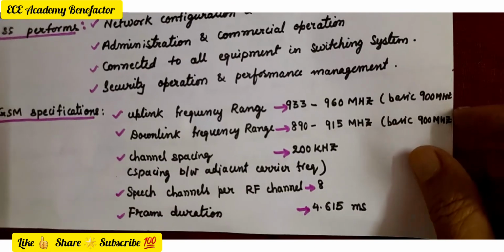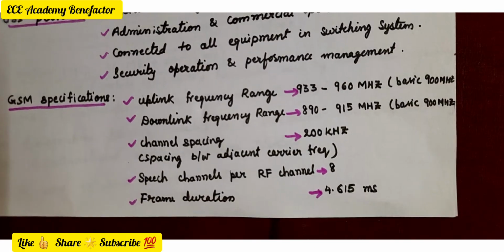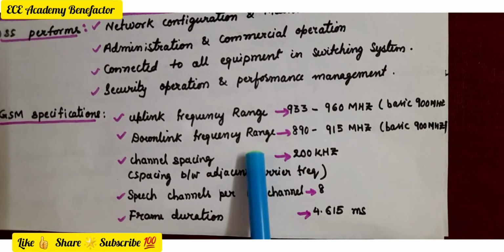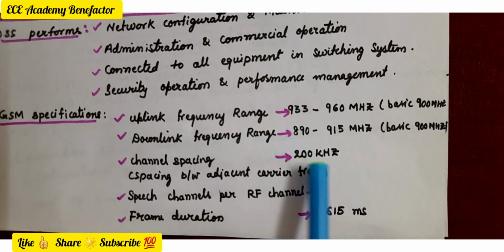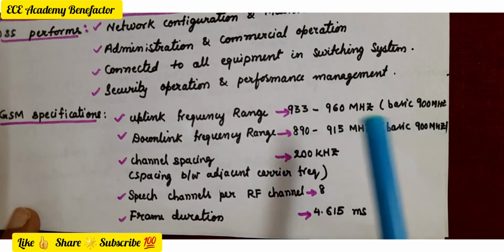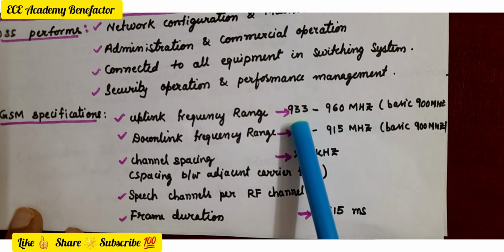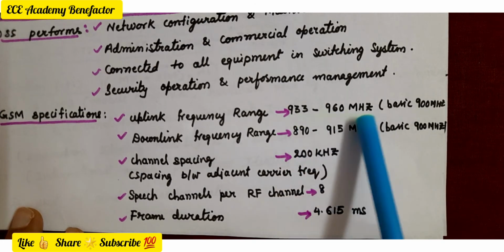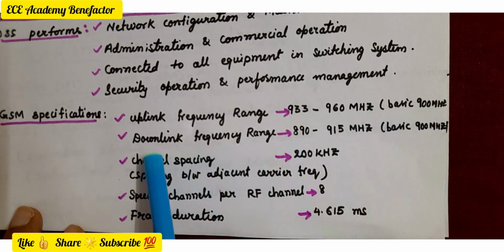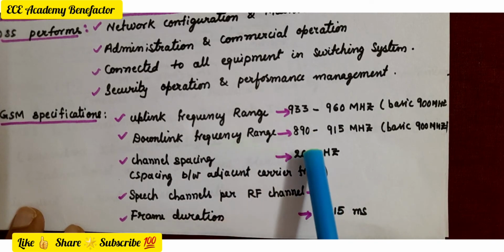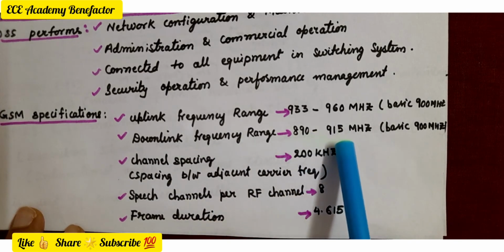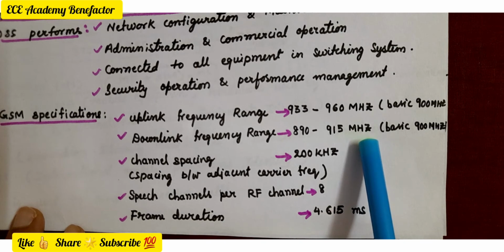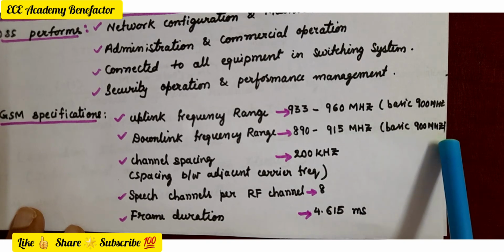Let us briefly see the GSM specifications. Uplink frequency of GSM is basically 900 megahertz, ranging from 933 megahertz to 960 megahertz. Downlink frequency range is 890 megahertz to 915 megahertz. So, basically it is around 900 megahertz.